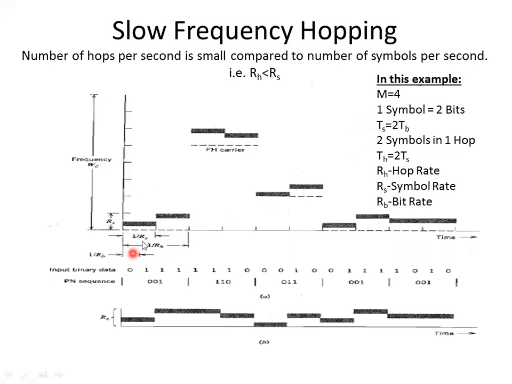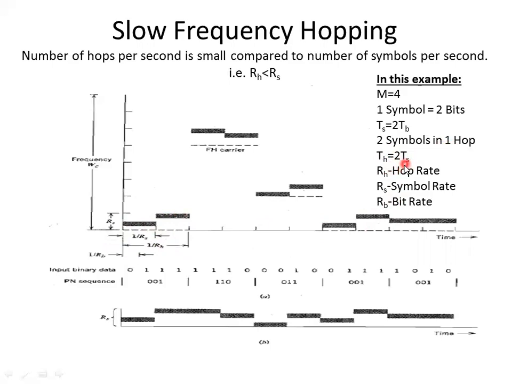One more, third parameter is the hop rate. The first one was bit rate, RB. Next was symbol rate, RS. The third one is hop rate, RH. RH here in this example has 2 symbols in one hop: first symbol, second symbol. This is one hop duration, that is TH.